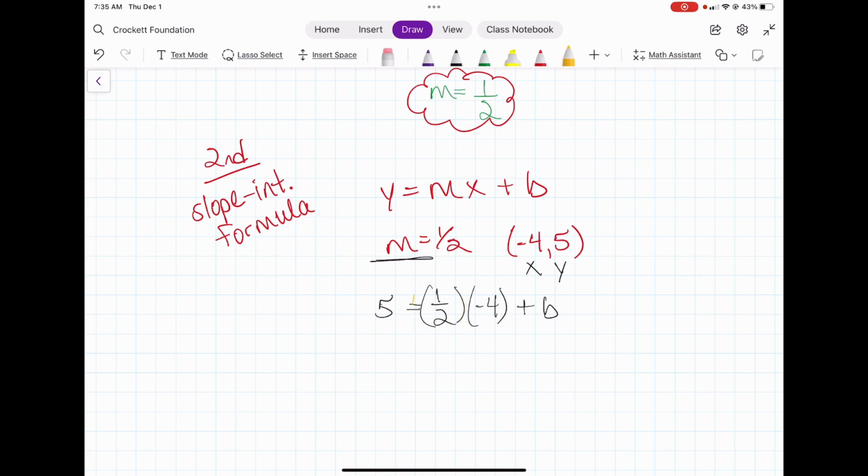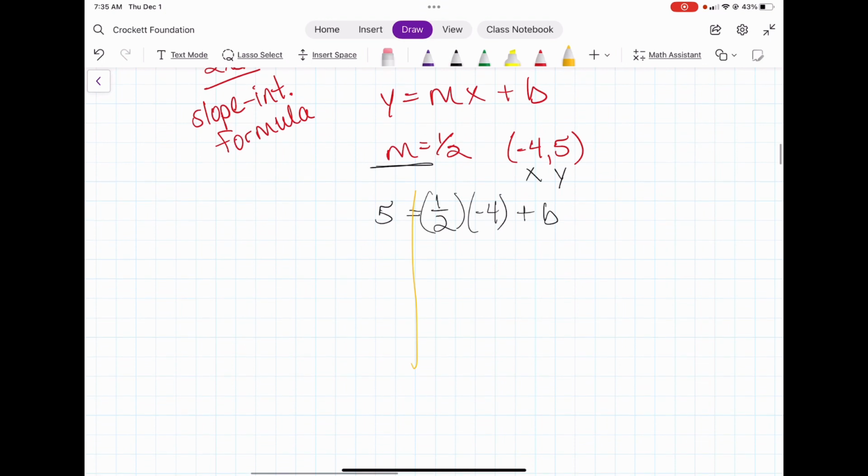Now, going from there, I can go ahead and solve for b by simplifying. So 5 equals half of -4. Anytime you multiply 1/2 times a number, you're always taking half of that number. So half of -4 is -2. And that's plus b. And then to solve for b, I want to add 2 to both sides.